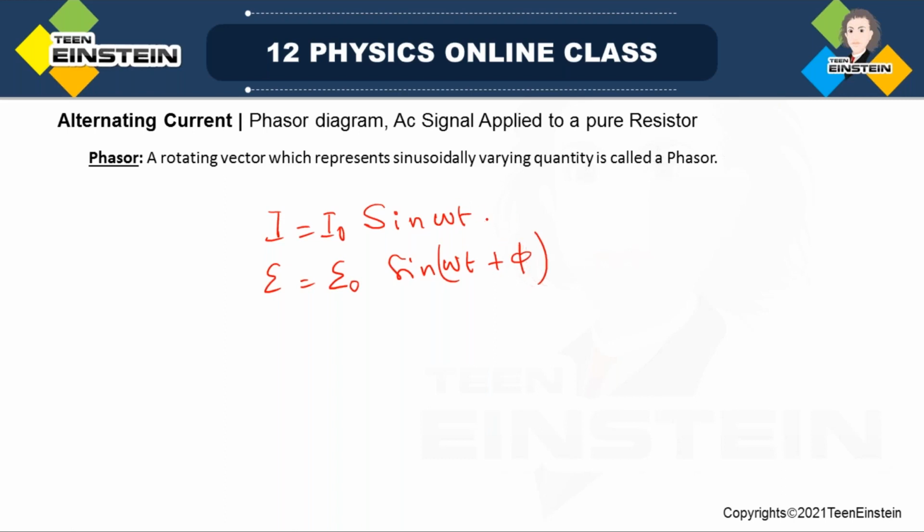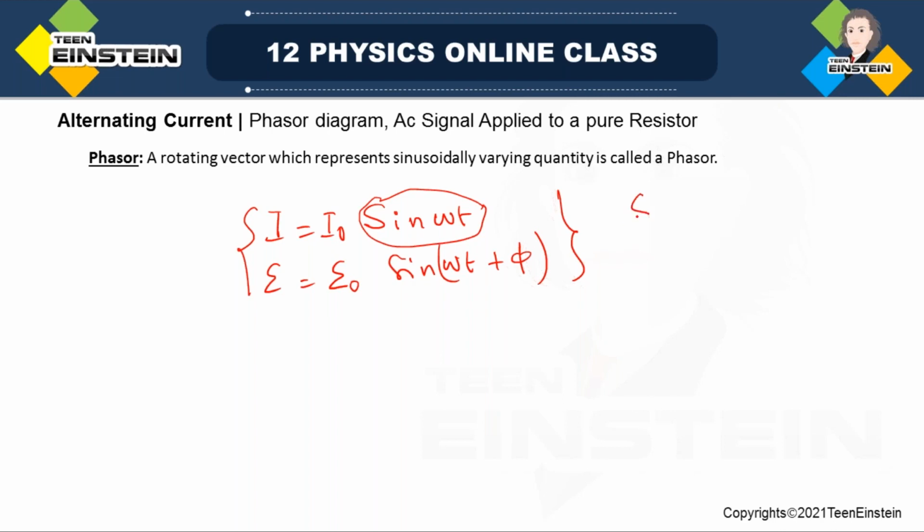So this is what we have learned, that any alternating quantity, basically here we are learning AC current or voltage, or AC current and EMF, can be expressed in terms of sine function or cosine function.